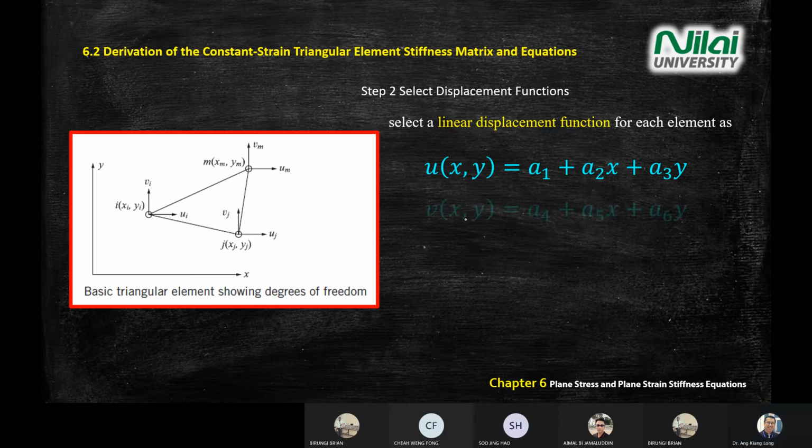V is the same. V in the xy direction, you use a4 plus a5x plus a6y. So you are using a linear displacement function to derive the equation later on, or to derive the matrix later on. This is the starting point of our matrix later on. So u equals this equation, v equals this equation.